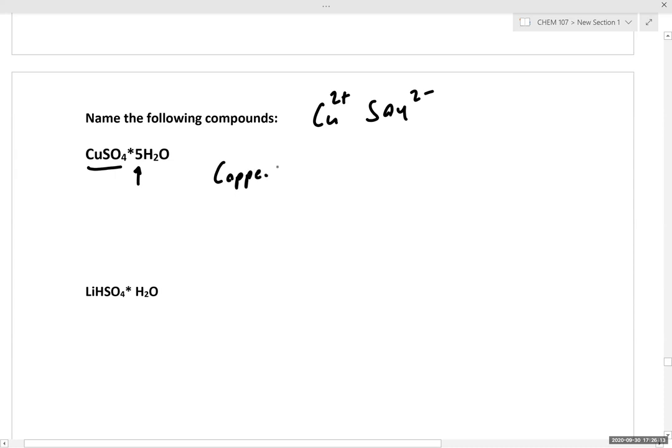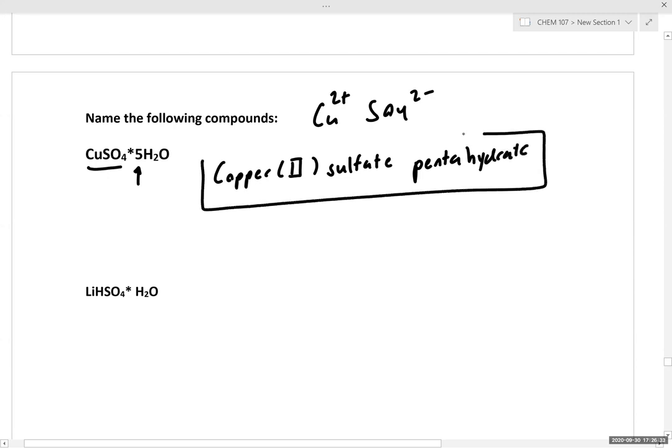So I'd name my base anhydrous compound as copper 2 sulfate. And then since I have 5 water molecules, I use the prefix of penta, and then I conclude the name by writing out hydrate. So this would be the full name for the following compound. Does that make sense to everyone?